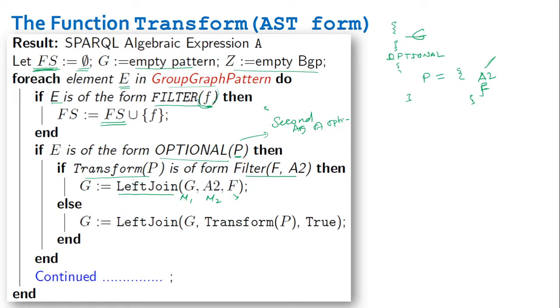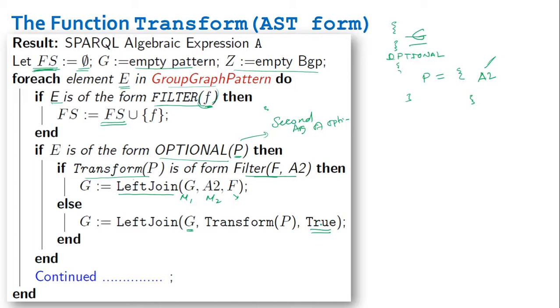If this is not so, if the transform of P is not of this form, so that means you do not have a filter here. In that case, you just transform this P, which is basically your A2, and you have already the transform of this, and you say that everything that you see you will be passing. So the result you get, you will be passing to the output stream.